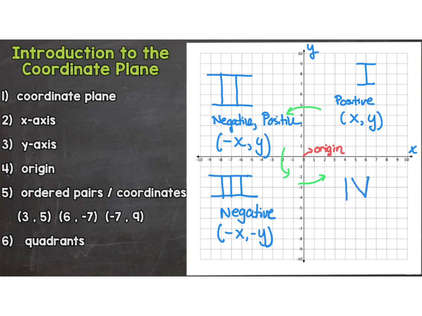It is IV. In this quadrant, we have positive X and we have negative Y. So that would be X and a negative Y. That is the 4 quadrants of a coordinate graph.